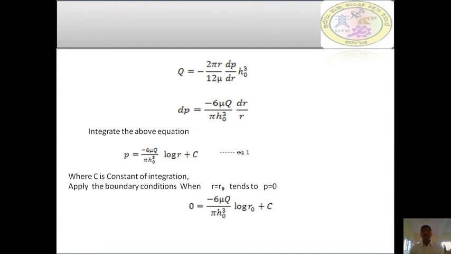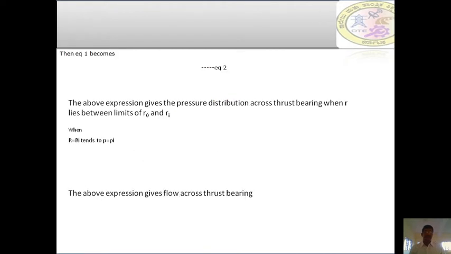You take this minus 6 mu q by pi s naught cube into log of r naught to the left-hand side, then the value of c will be like this only. That is, c value is 6 mu q by pi s naught cube into log of r naught.